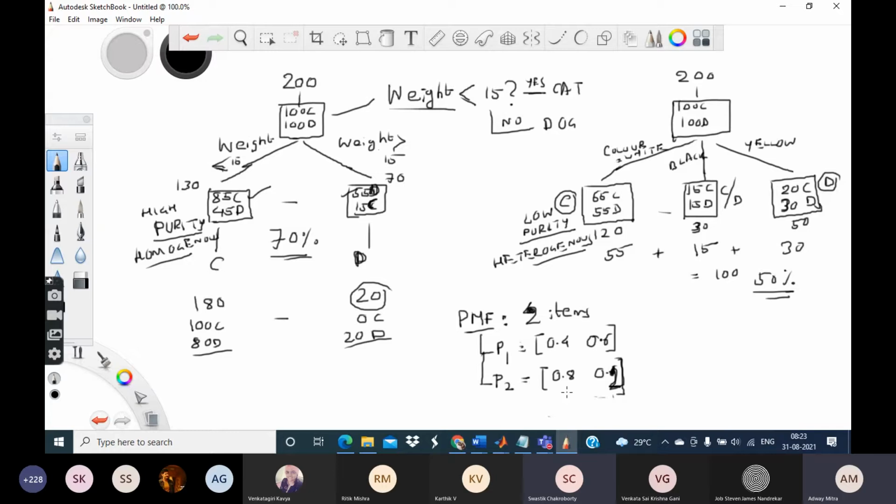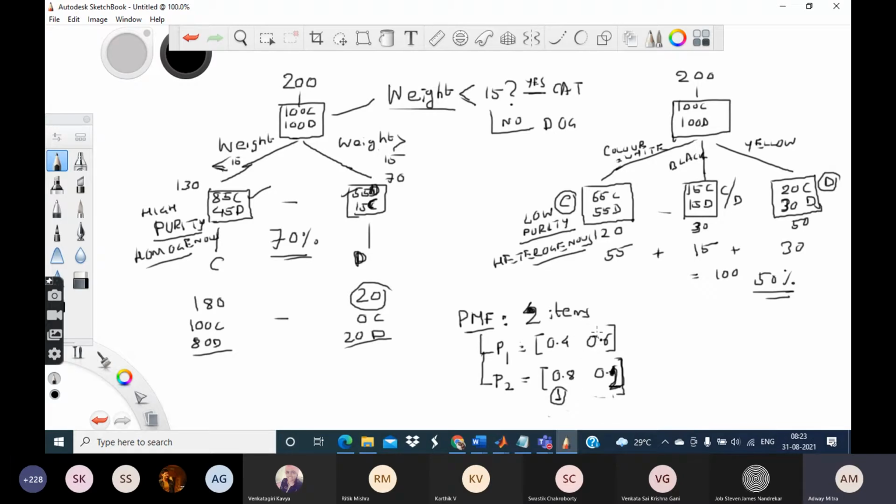As you said, here one class has 0.8 probability of occurring, so this is telling me that this value is highly likely to occur. This one is not telling me much.